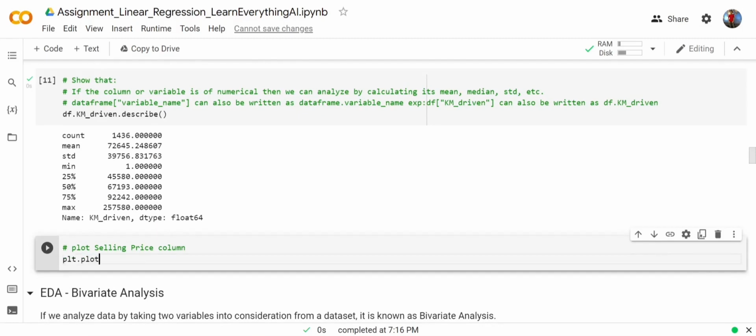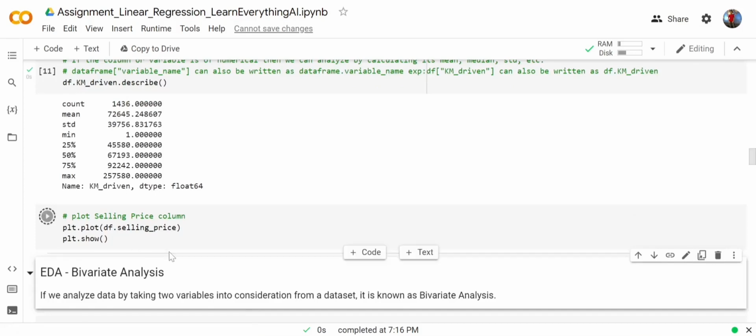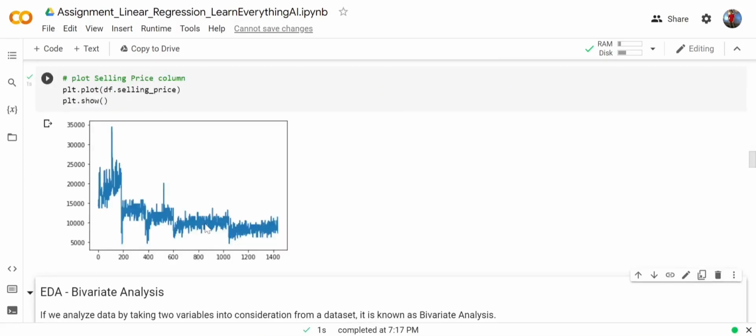Now let us plot our dependent variable as a line plot. So we can see that the selling price for around 200 cars is 35,000, and the maximum of the cars have a selling price of less than 20,000 rupees.